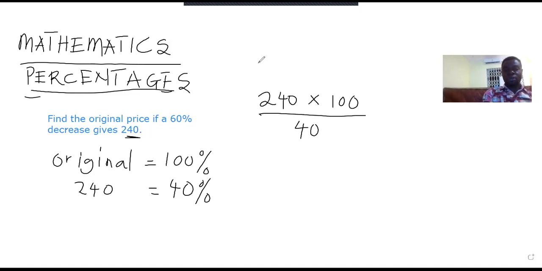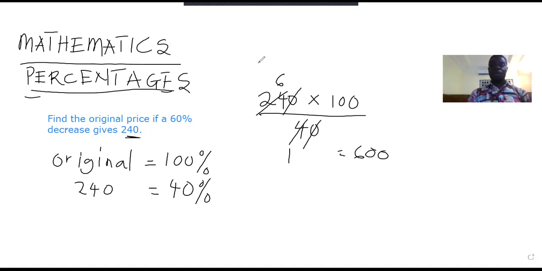We cancel out our zeros. 4 times 1, then 4 times 6, and then 6 times 100, that gives us 600. So the original price is 600. Good.